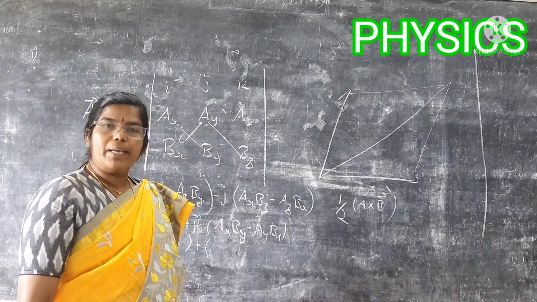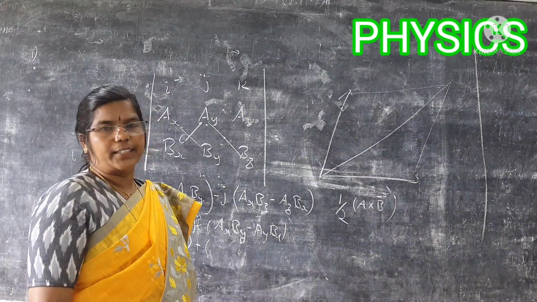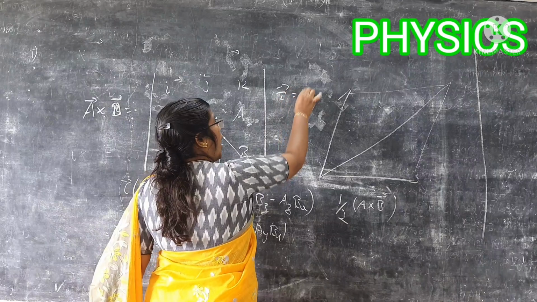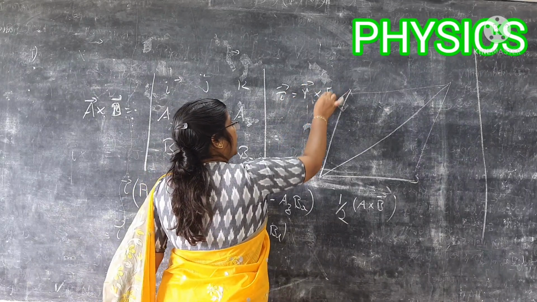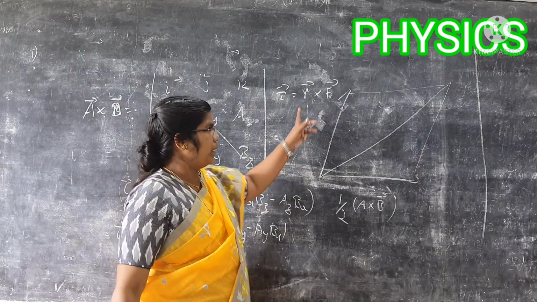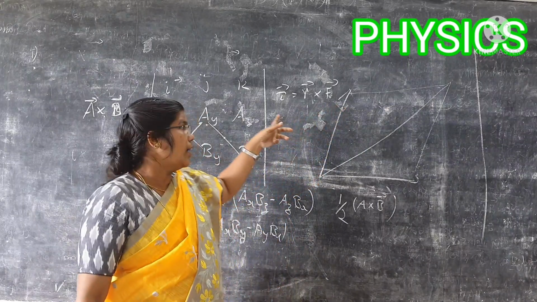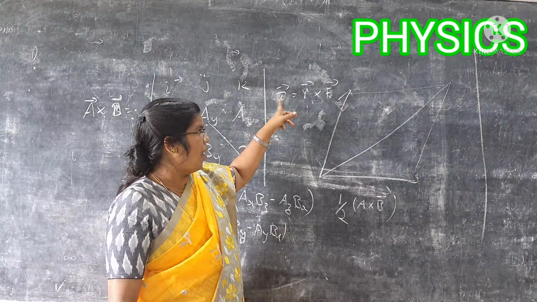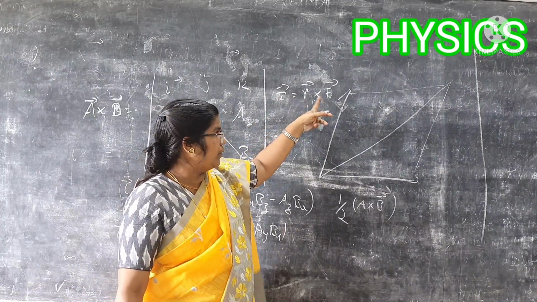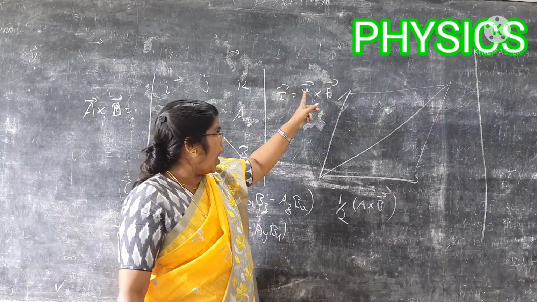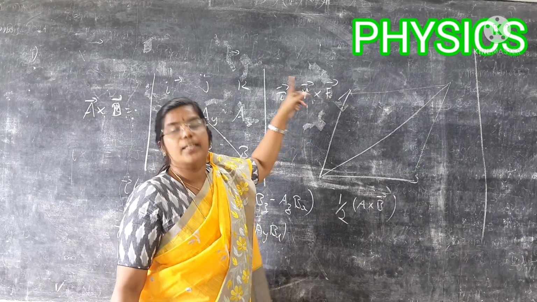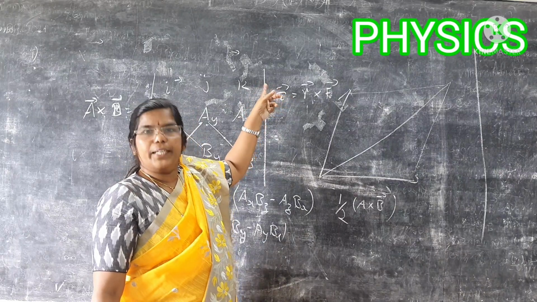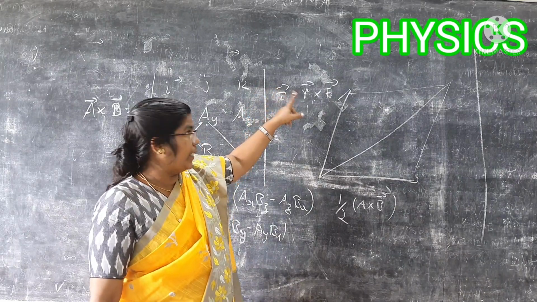Now we can see some examples of cross product of vectors. Torque tau equals R vector cross F vector. R is the displacement vector, F is the force vector, and tau, that is torque exerted on the object with this force, is R vector cross F vector equal to tau vector, that is, it is a vector product.